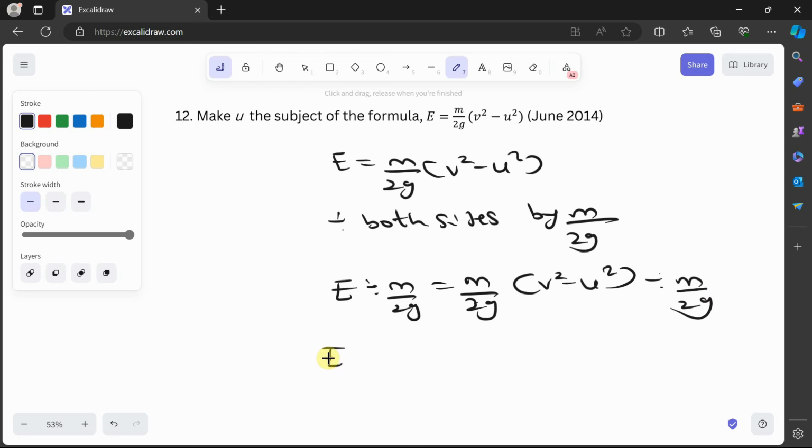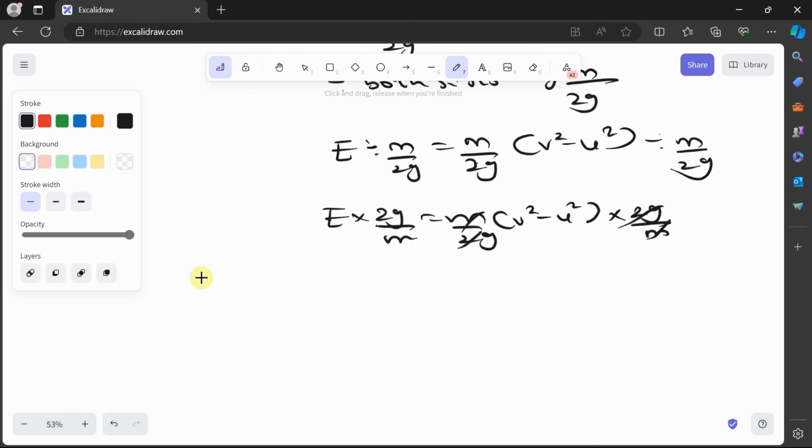I mean, this will be E times 2G over M is equal to M over 2G open brackets V squared minus U squared times 2G all over M. 2G will cancel 2G, M will cancel M. We'll be left with 2EG all over M is equal to V squared minus U squared.